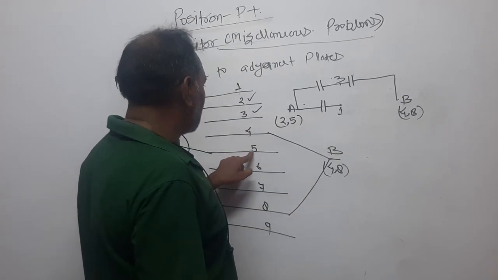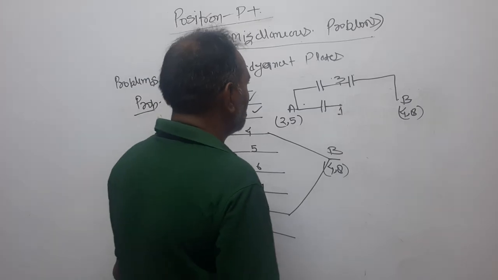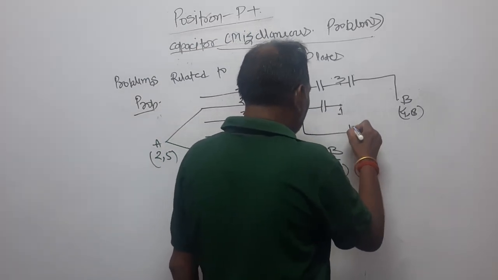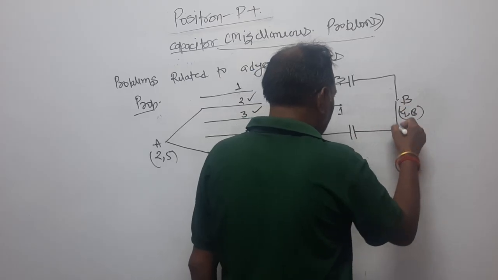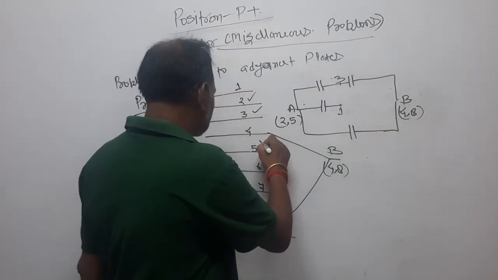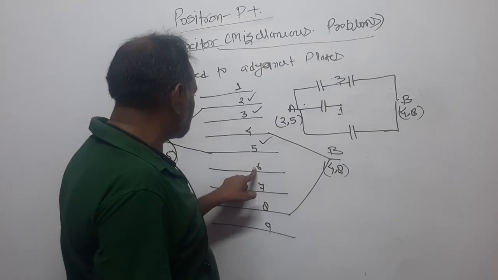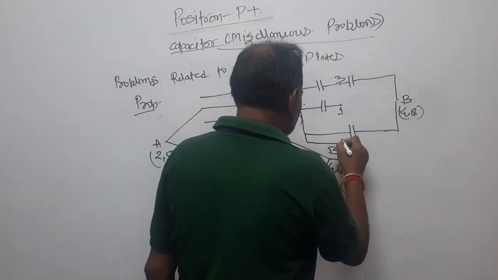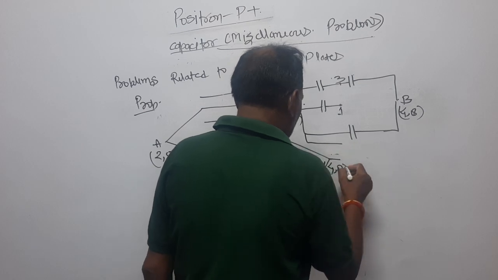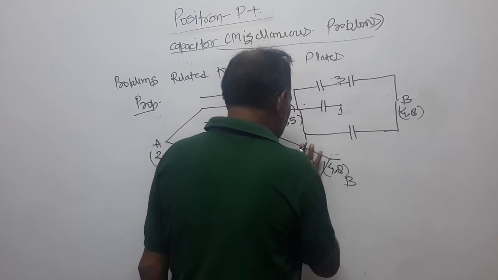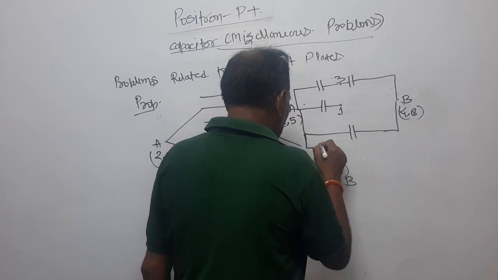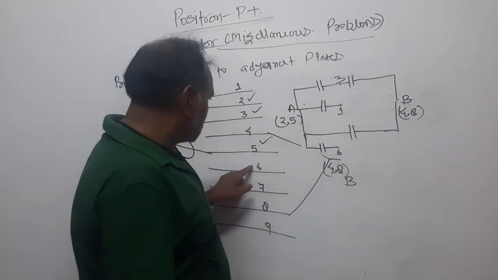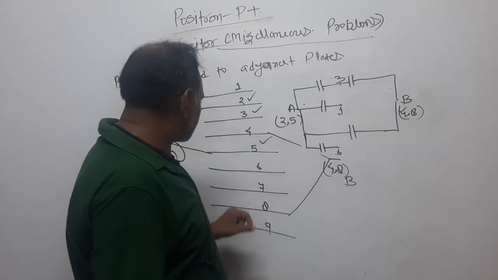Now 4 and 5. 4 is here and 5 is here. So between 4 and 5, another capacitor is connected. Now between 5 and 6, 5 is here, but 6 is not connected, so I'm marking 6 here.